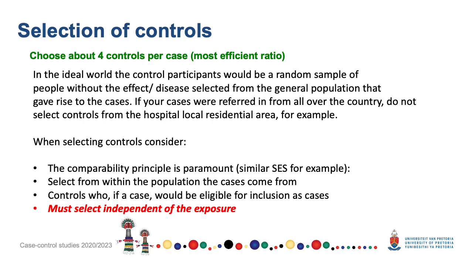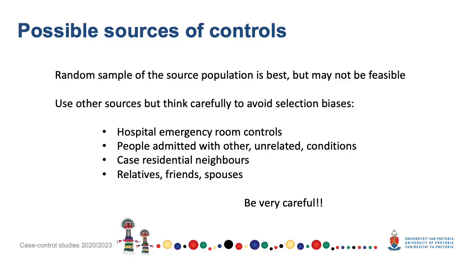So we usually choose about 4 controls per case, or maybe 5 controls per case. For the selection of the controls, a random sample of the source population for the cases would be best, but this is rarely feasible.